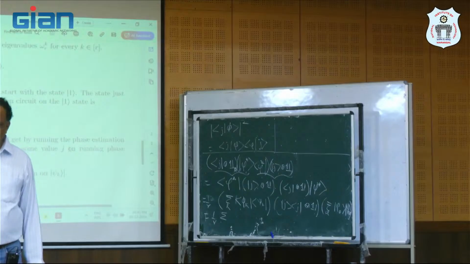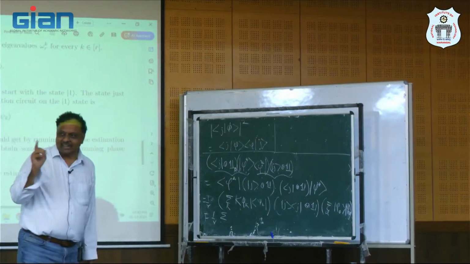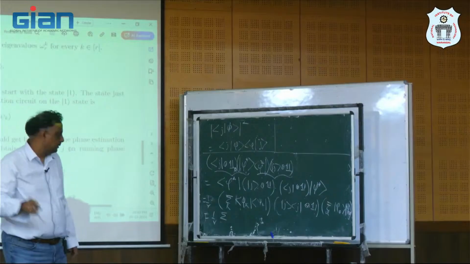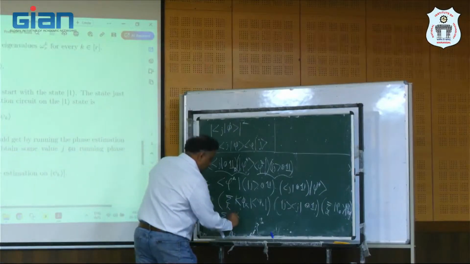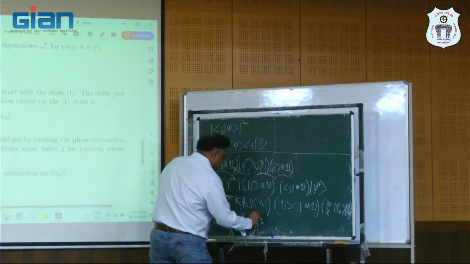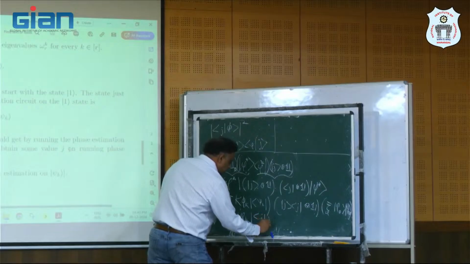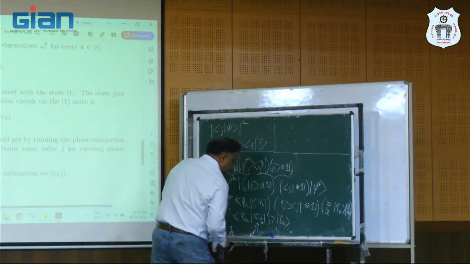Agreed? So only k equal to L is remaining. What is it? Psi k, phi k with J, J and phi k, correct? This is remaining.